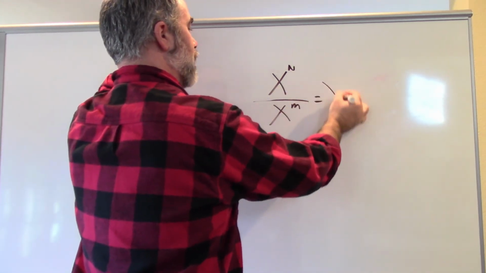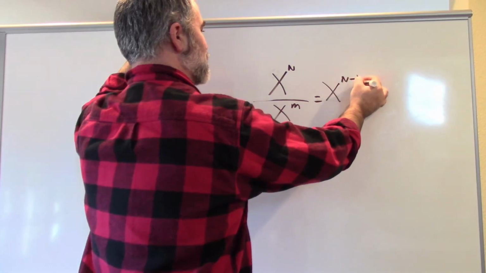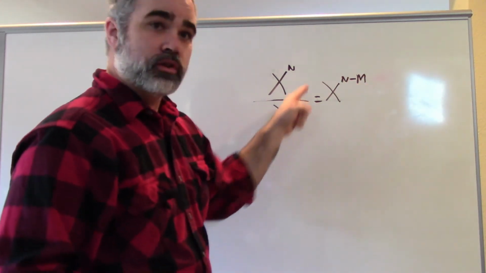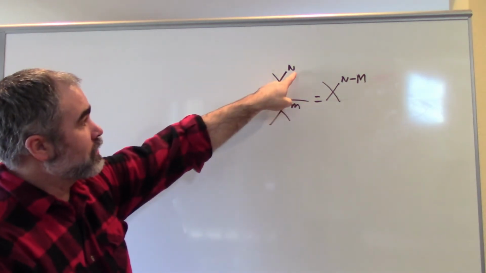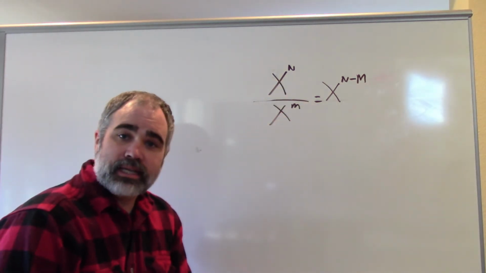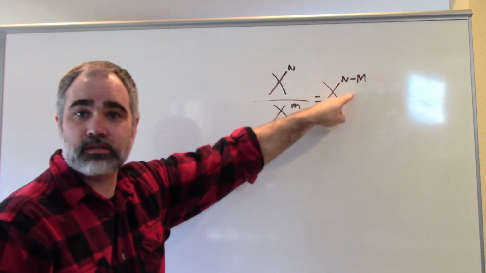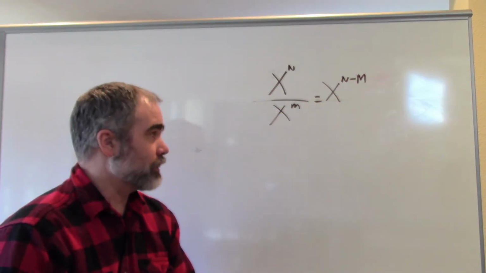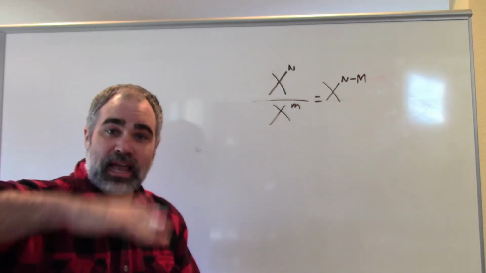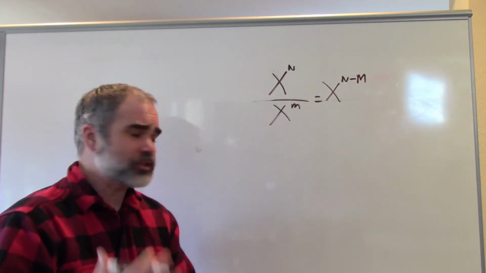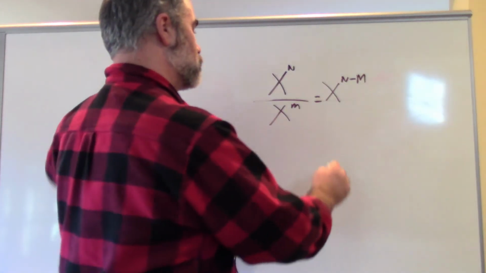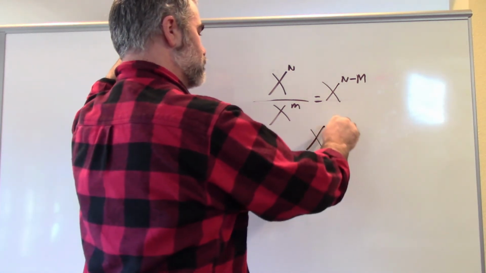That's equal to x to the n minus m. You subtract them, and the reason you subtract is some of them are going to cancel out. And again, I don't personally even use this rule, but your teachers are going to teach it to you, so I thought I'd write it down. I like to think about it as how many things are going to cancel out. You don't actually really need to think about it as subtraction, and we can do huge numbers if we want to.